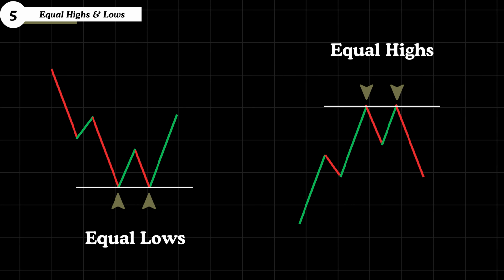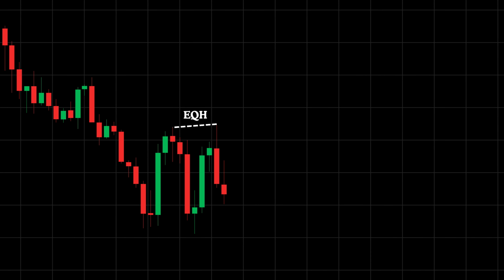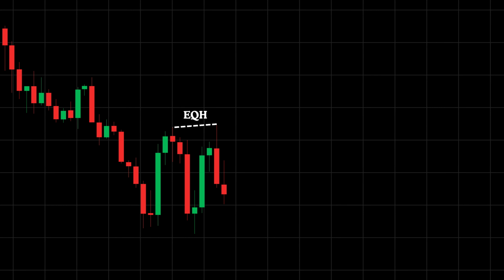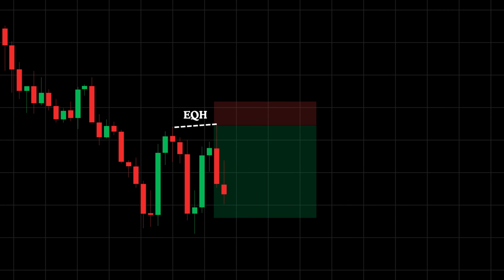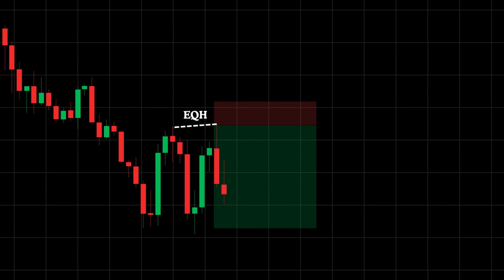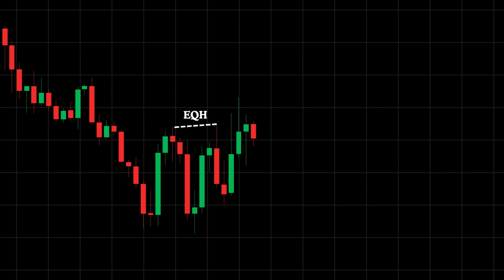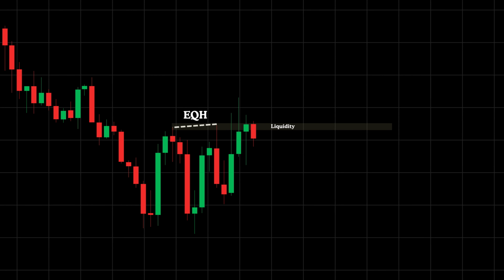For example, when price tests the same high more than once and fails to push past it, equal highs are formed. These zones often become psychological hotspots where many retail traders place stop-loss orders just above the highs, expecting the price to reverse. Smart money traders, however, view these areas as liquidity pools, zones loaded with pending stop orders, making them attractive for price manipulation.